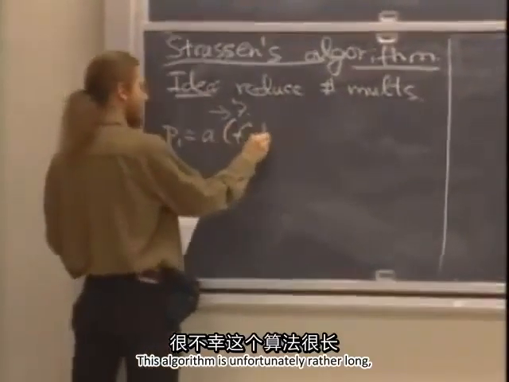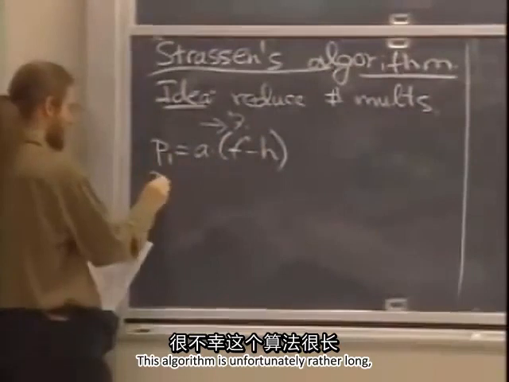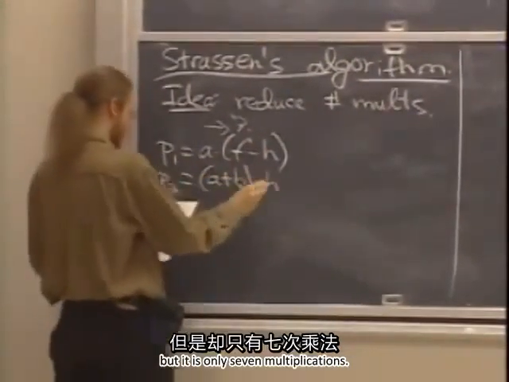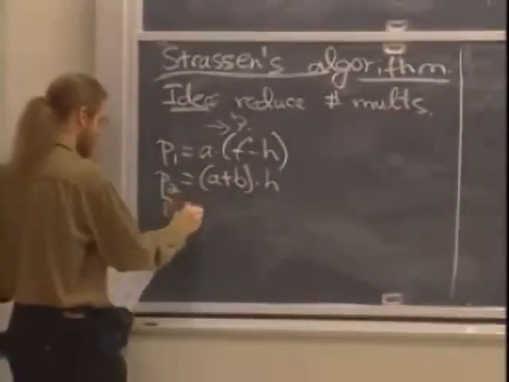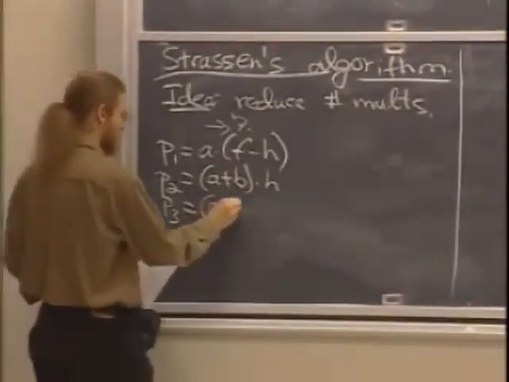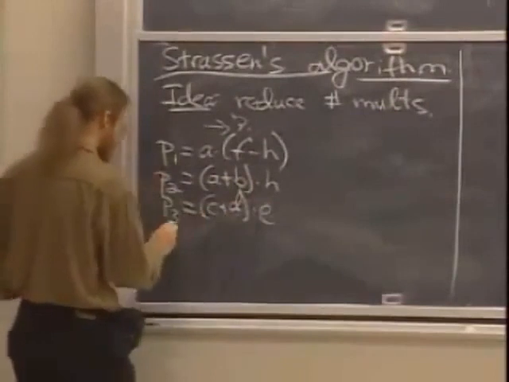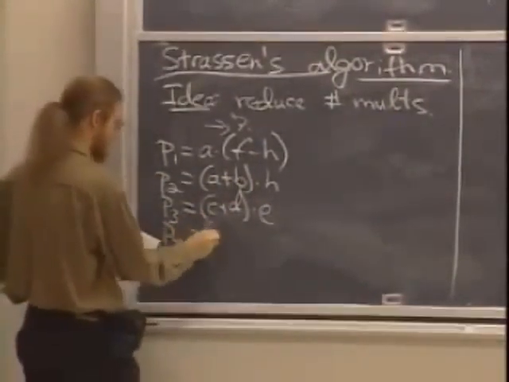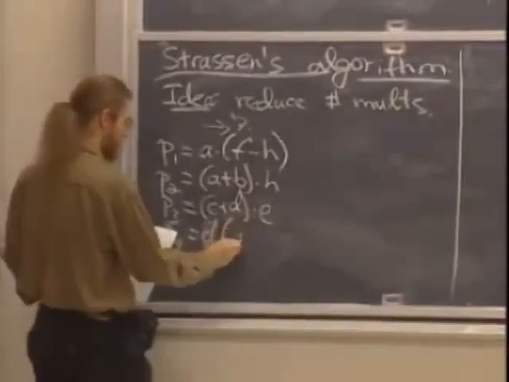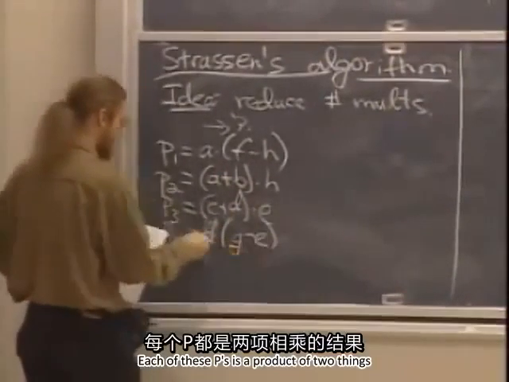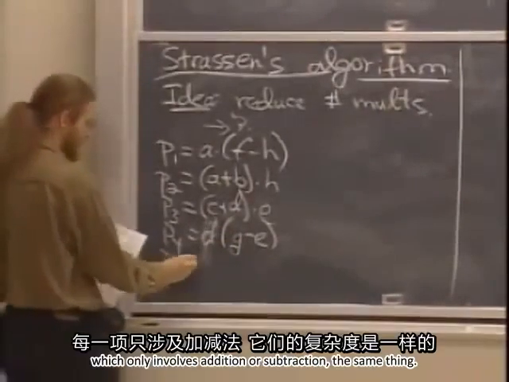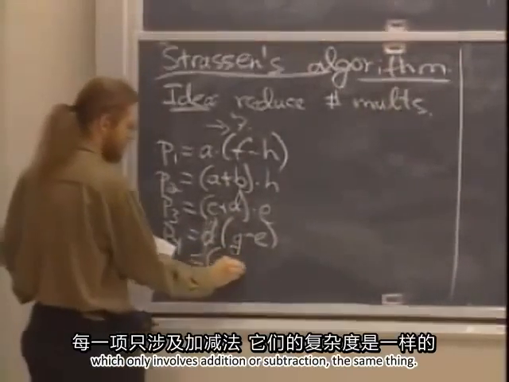So this algorithm is unfortunately rather long. But it's only 7 multiplications. Each of these P's is a product of 2 things, each of which only involves addition or subtraction.